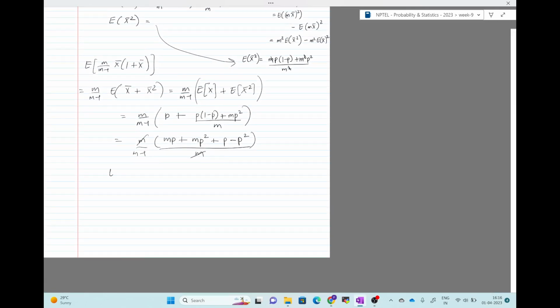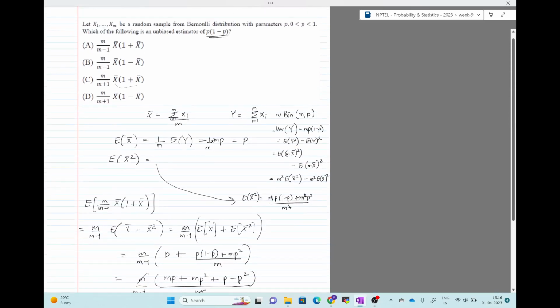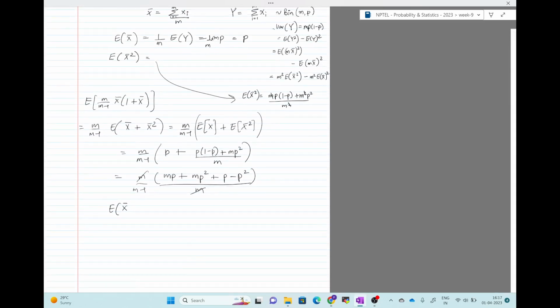But if instead we had taken, let's say, this other term, x bar into 1 minus x bar, the expectation of x bar into 1 minus x bar, then what will happen?